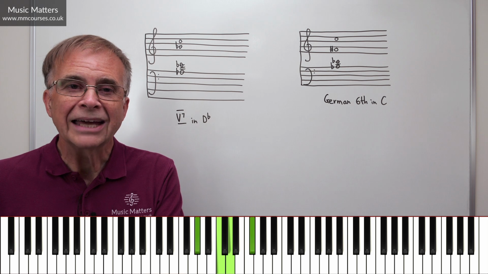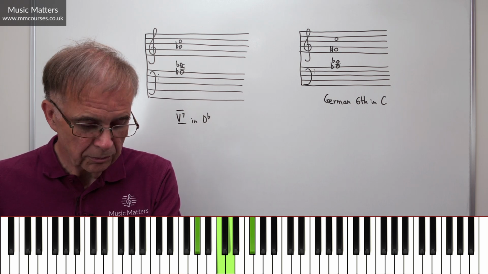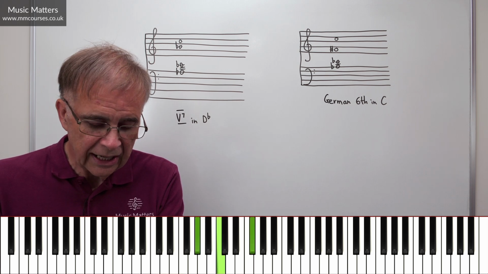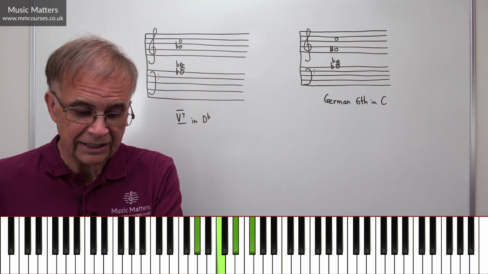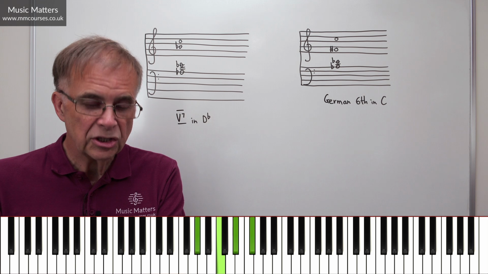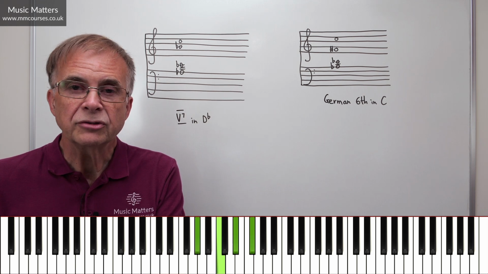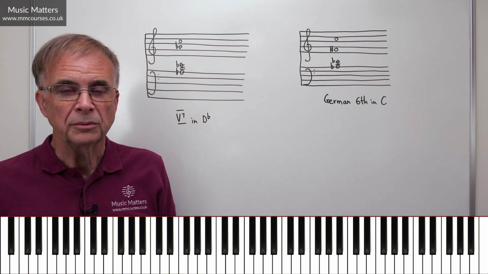Alternatively, if I add a perfect fifth above that bottom note, I'll get a German sixth. So that's going to be the A flat, the F sharp, the C that we had. But a perfect fifth above A flat at the bottom is E flat. And so this is the German sixth, A flat, C, E flat, F sharp. Okay, so that's how we arrive at the German sixth.